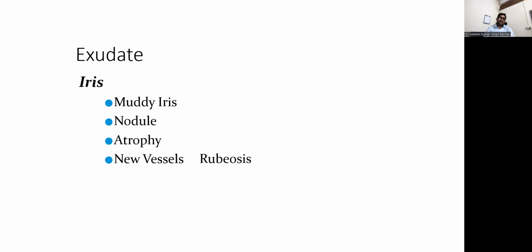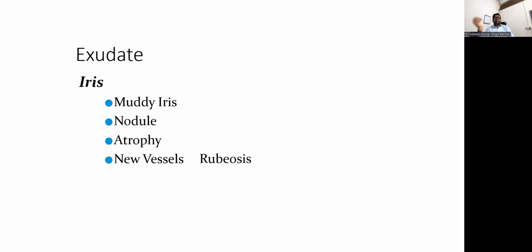Sometimes they will affect the entire iris tissue, and in that condition the iris is known as a muddy iris. The iris is totally stuffed with this exudative tissue and is not able to move. Sometimes these exudates will get deposited over the iris in nodular forms, and those nodules are known as Koeppe nodules and Busacca nodules.